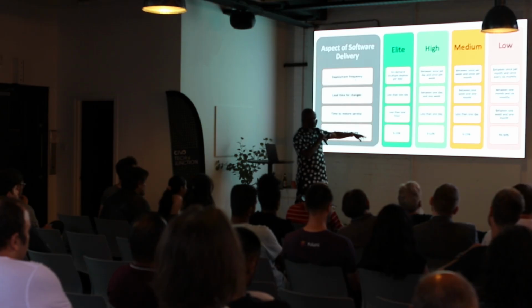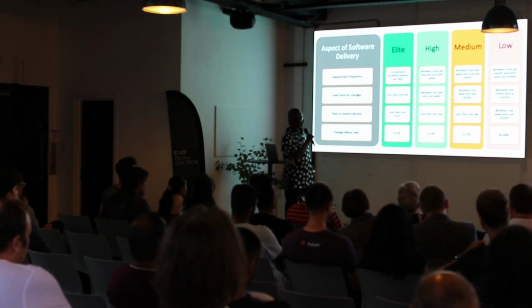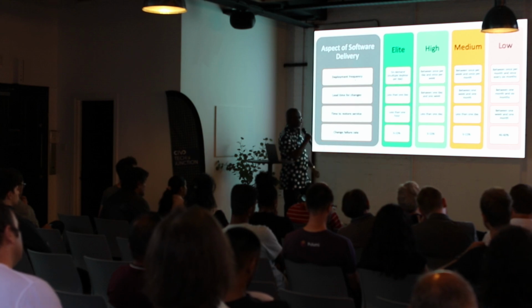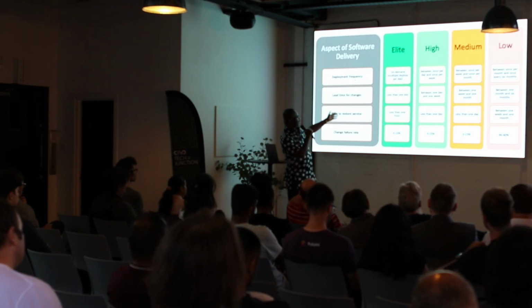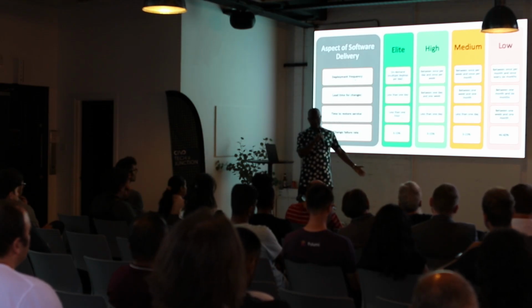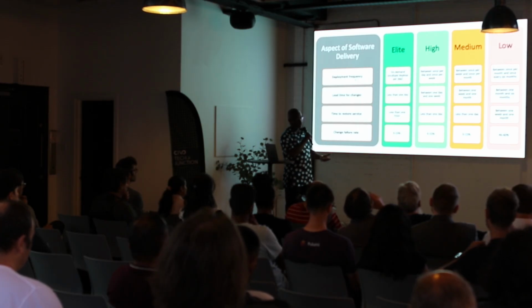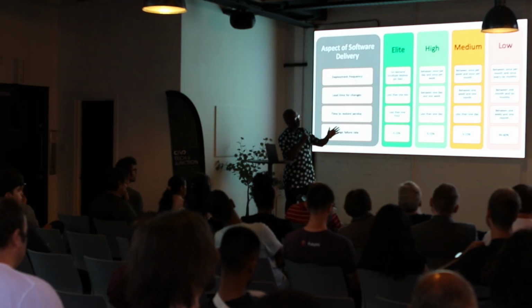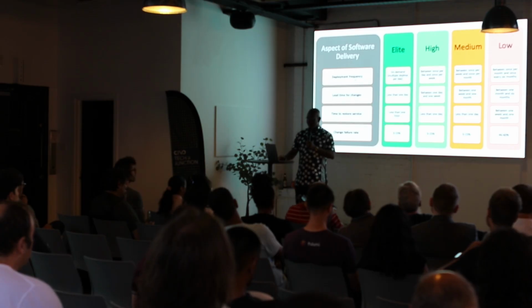If you've got a change failure rate of 0 to 15%, that's not too bad. But then you have to look at the other metrics, right? Time to restore service, how long does it take? An hour, 1 day, and so on. And then lead time for change, how long does it take from 0 to deployment, or to release your code? So all of those things help in determining where you belong in this whole process. Any questions?